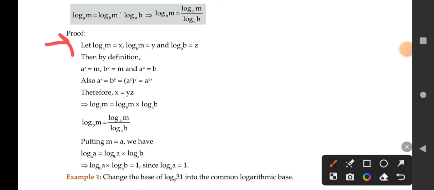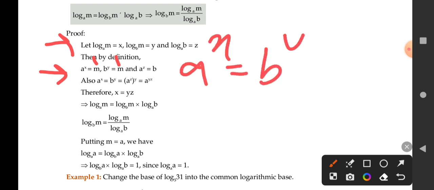So let log m to the base a be equal to x, log m to the base b be y, and log b to the base a be z. Then by definition we can transform them into index form. So a power x is equal to m, and b power y is equal to m. So a power x is equal to b power y.